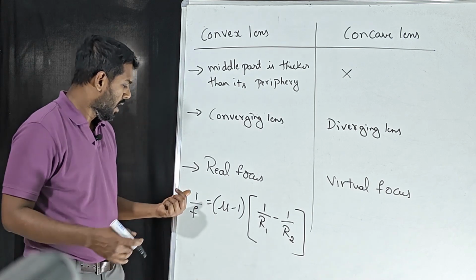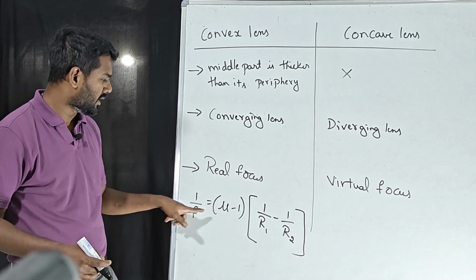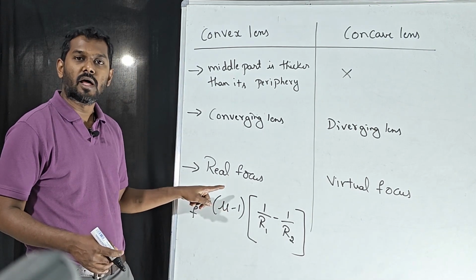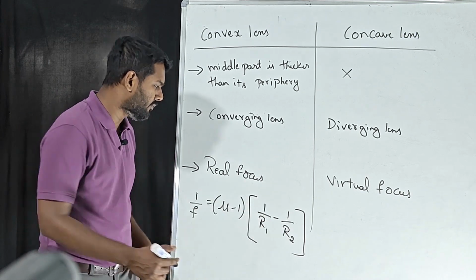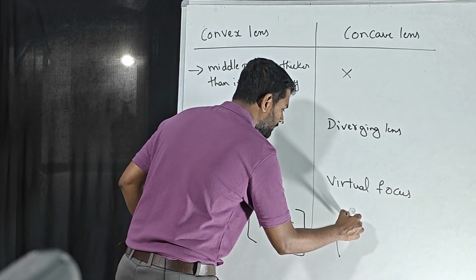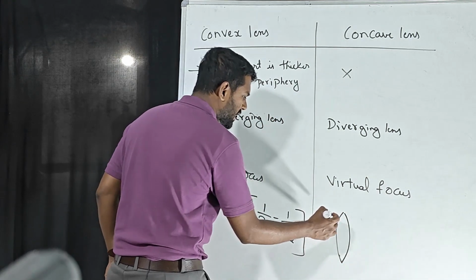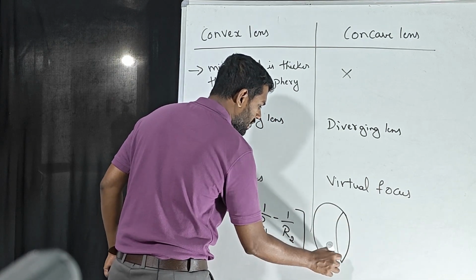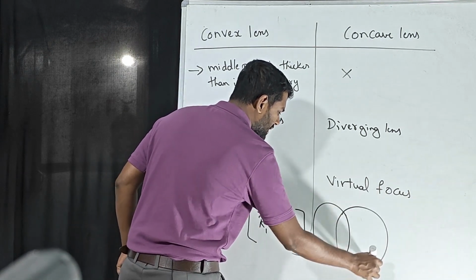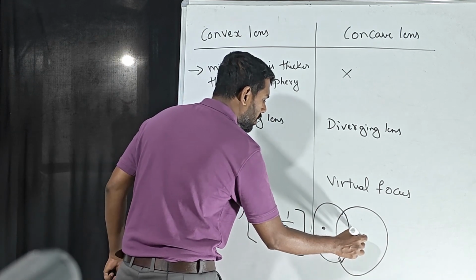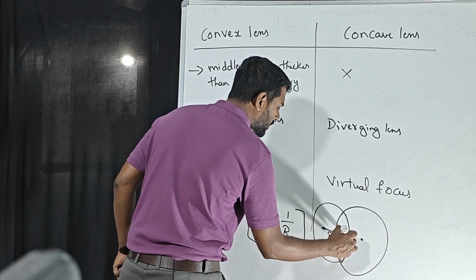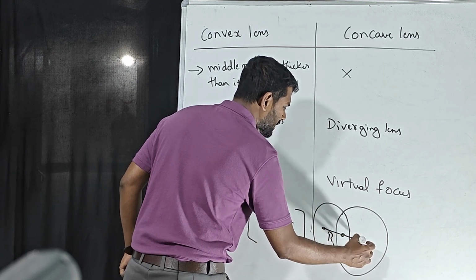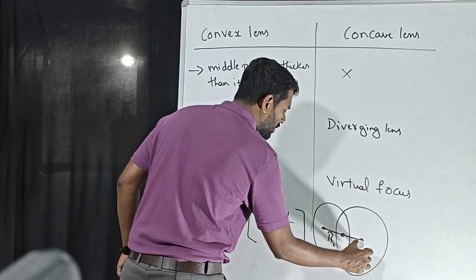Here f represents focal length, mu represents refractive index of the lens, and 1 by R1 and 1 by R2. When you take a lens, because of this and this surface we have two radii: from here to here is R1, and from the center of the other spherical surface is R2.